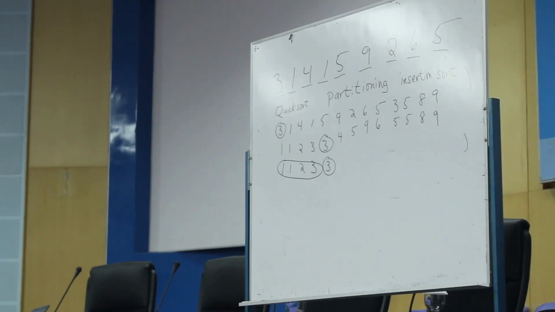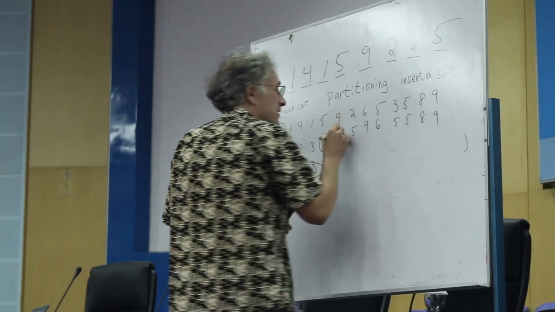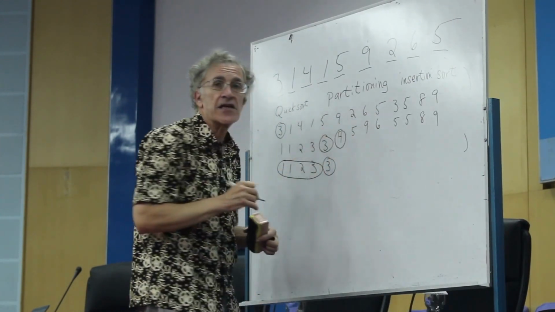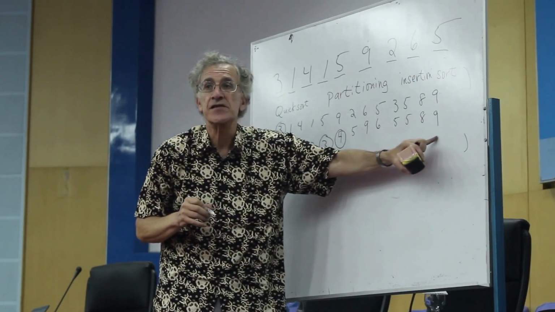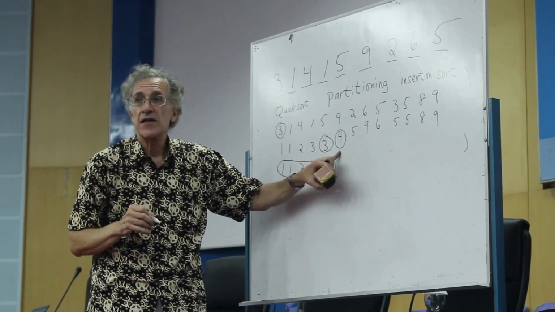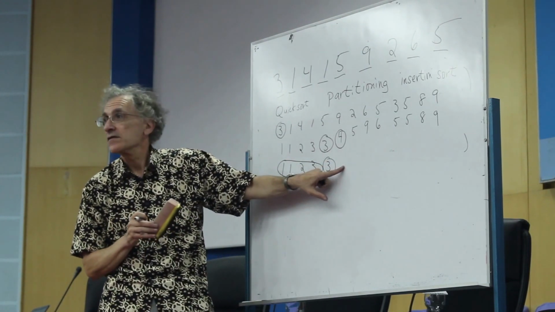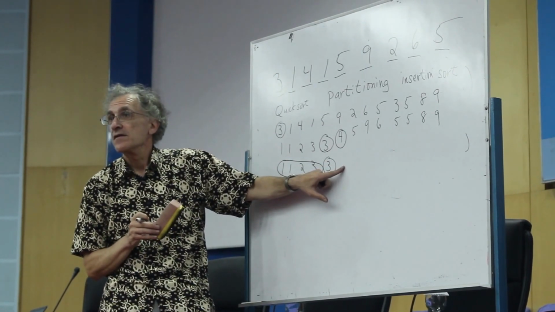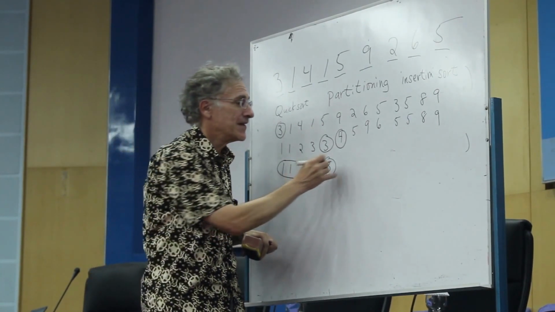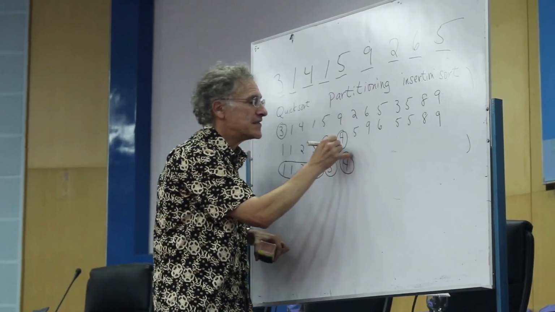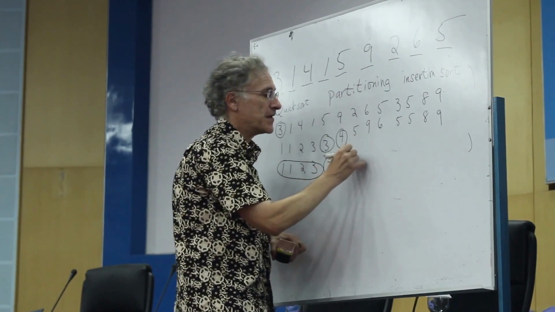So I use the same method as before. I take the first one and say, let us partition all of these numbers, those that are smaller and those that are bigger. Which numbers are smaller? There aren't any, okay? Then I put this number down, and everything else is bigger.